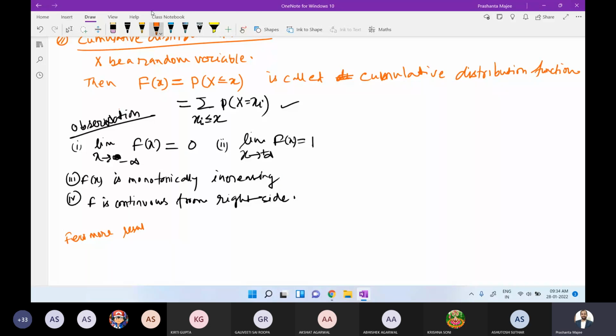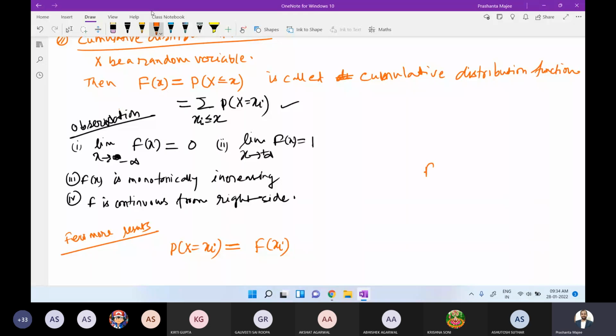What will be the probability that the random variable is taking the value xi using the cumulative distribution function? Tell me using the cumulative distribution function. What is the probability that the random variable is taking the value xi?